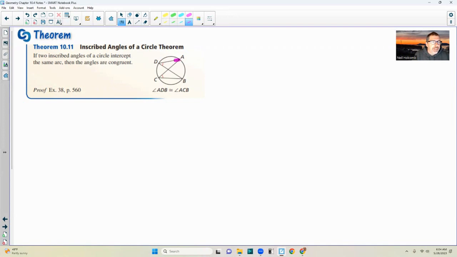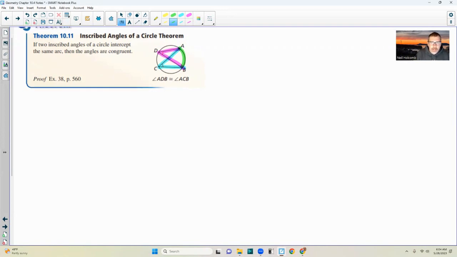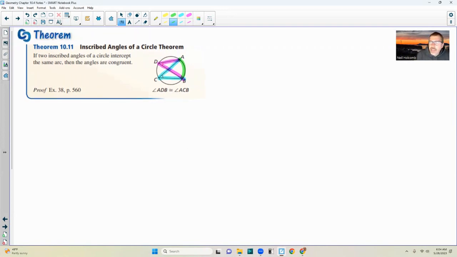So here is angle ADB, and here is angle ACB, and they intercept the same arc AB. So therefore, angle ADB is congruent to angle ACB. All righty, so that's what we just verified from the last problem.